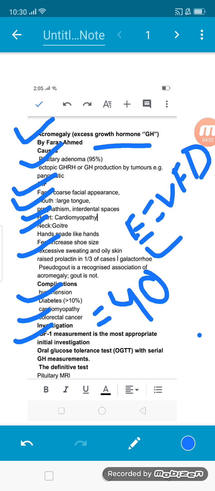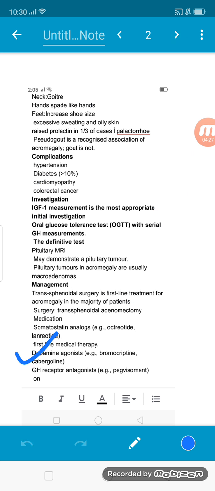You give glucose and see whether the growth hormone is suppressed or not, because hyperglycemia normally suppresses growth hormone. If it is not suppressed, it means that there is a pituitary adenoma or ectopic production increasing growth hormone secretion. If that is abnormal, the next step is a pituitary MRI, where you will find a macroadenoma.